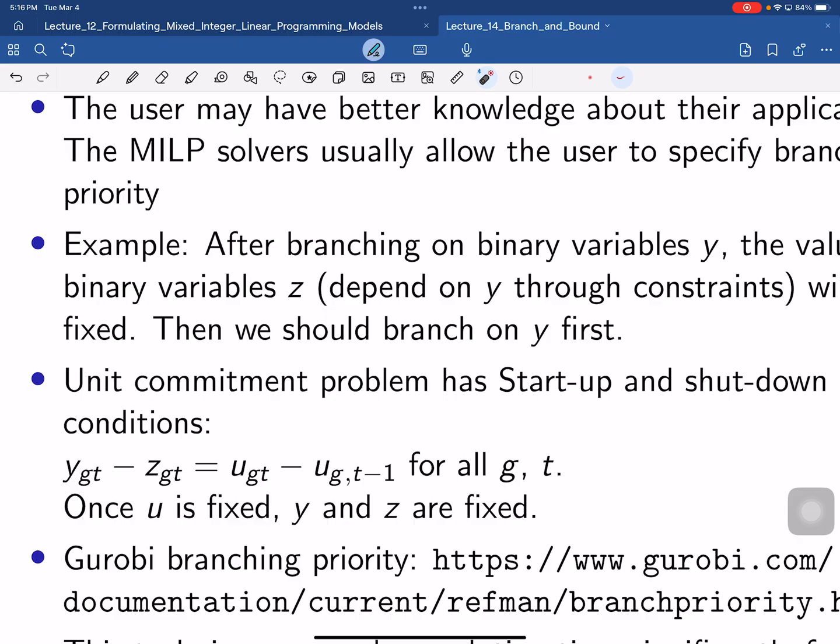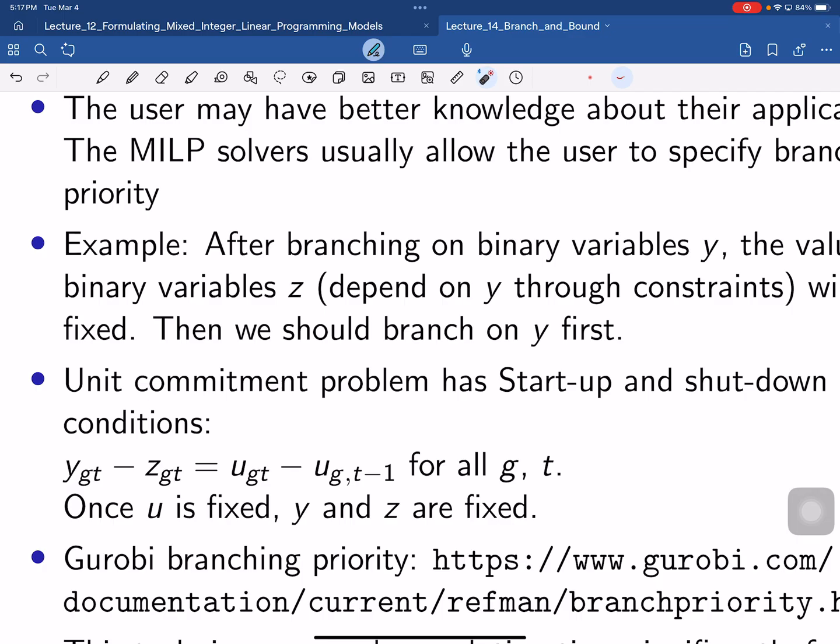So now the key observation here is if you fix all the u variables, all the y and z will be automatically fixed, right? Conceptually, if you have some variable determining whether the generators are on or not, and when a generator switches from off to on, then the variable y_gt has to be 1, because they have to start up to turn a generator from off to on.